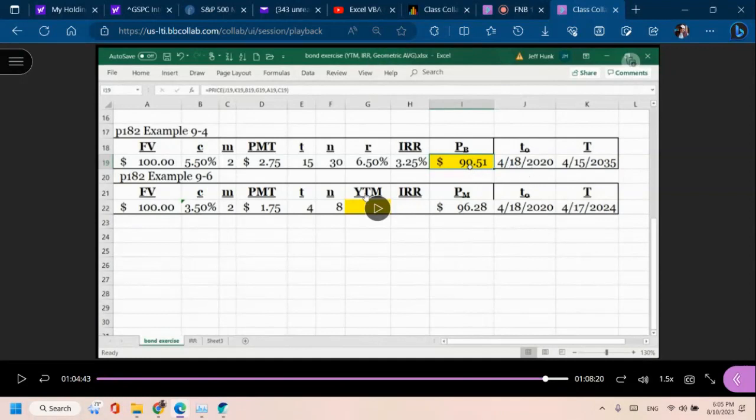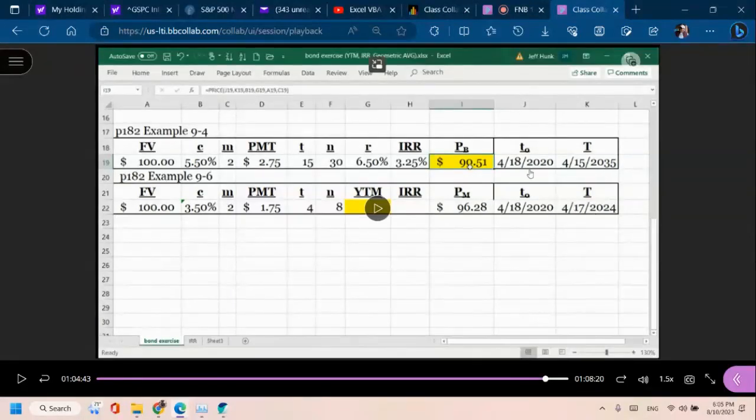And then we need to have time zero and maturity. We need to have calendar dates of time zero, in other words, the purchase date of the bond, and the maturity.